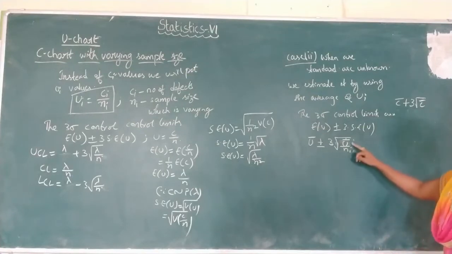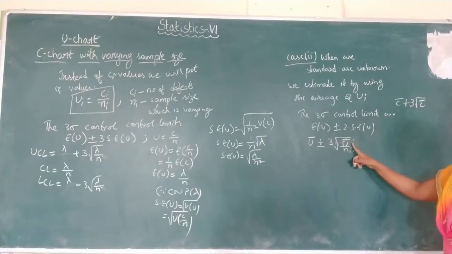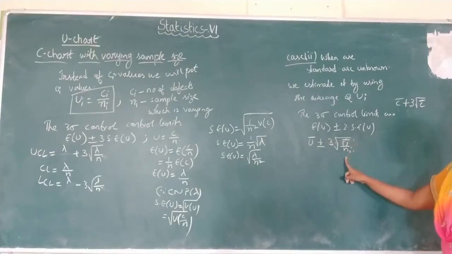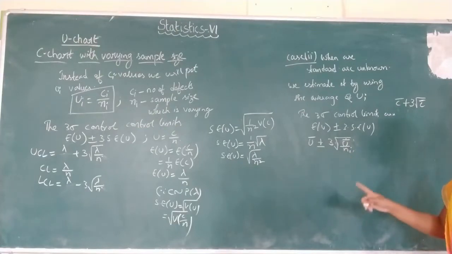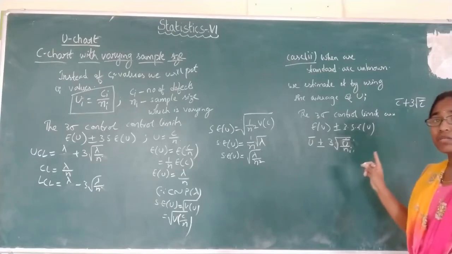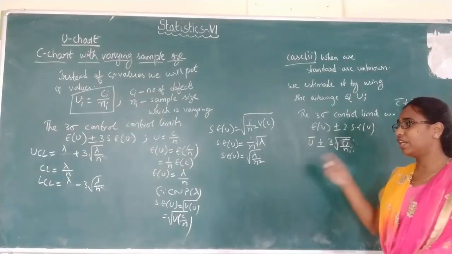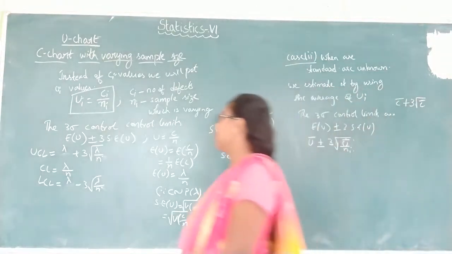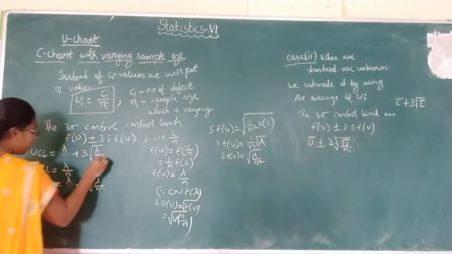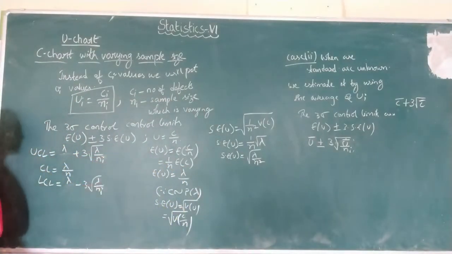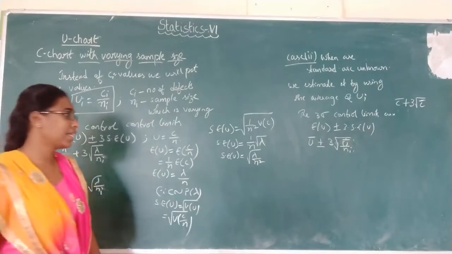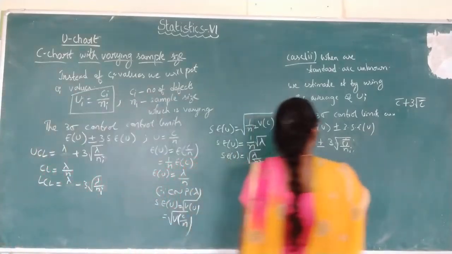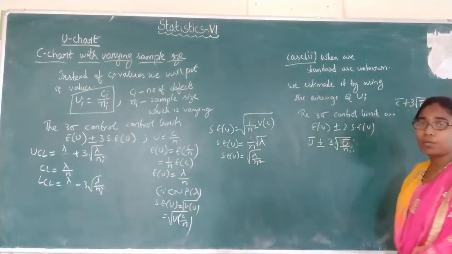In place of lambda you will be substituting u bar, and since it is the varying sample size case, where ui values are there, there you wrote n, here you will be writing ni. So only in place of lambda you will be writing the u bar value.